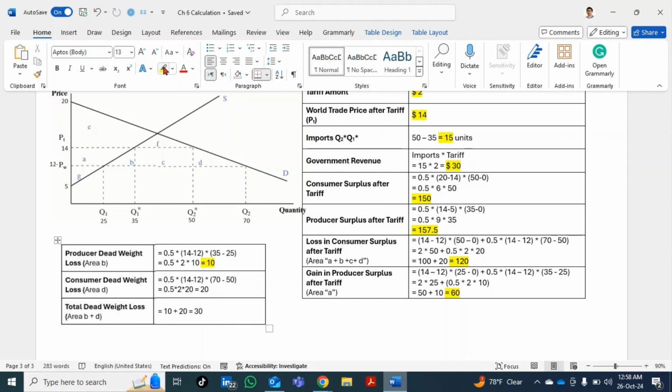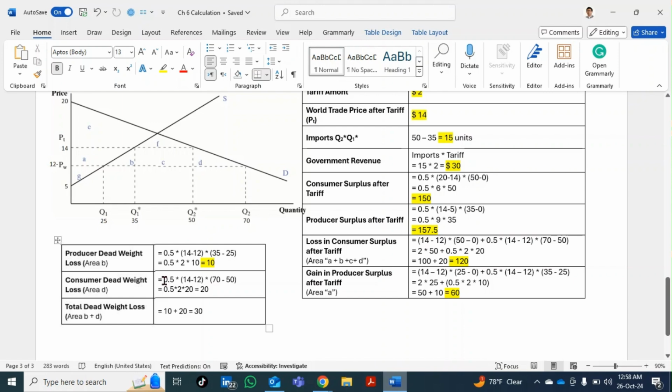That's called the redistribution effect. And if we have to calculate the consumer deadweight loss, that's the area D, that's linked with the demand curve. So the deadweight loss on the demand curve is representing the consumer's deadweight loss. So area D, again, the difference between the price multiplied by the difference between the quantity multiplied by the half, because again this is a triangle.